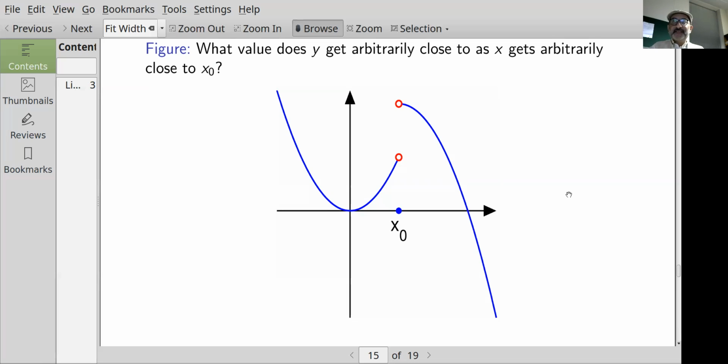So there is no single value that your function values are getting closer and closer to. So in this case, the function value is 0. The function is defined at x naught. The value of the function at x naught is 0, and there is no limit value. Okay, the limit does not exist.